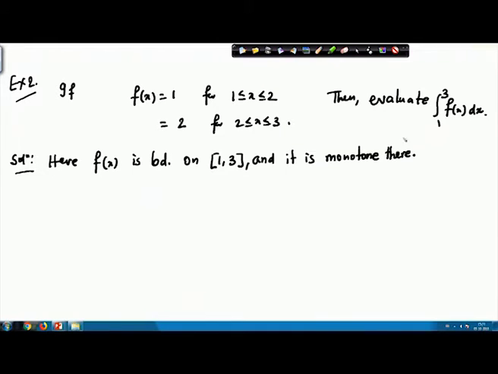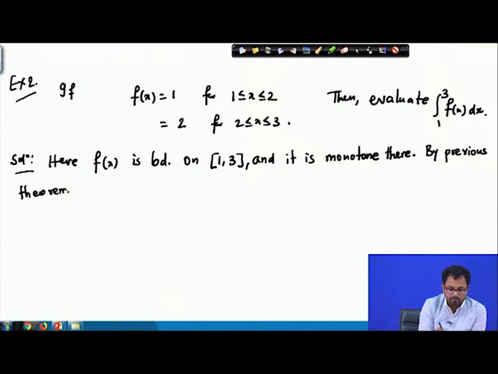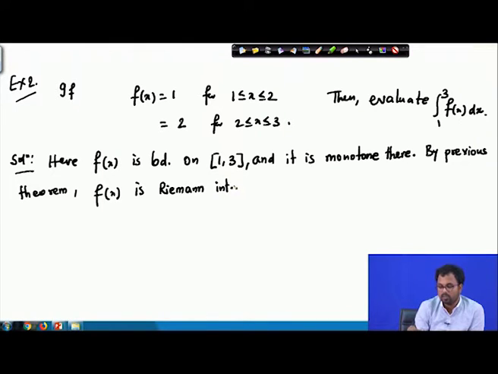the theorem or the properties which we studied earlier, that if a function is monotonic, then in that case it is Riemann integrable. So by previous theorem, I would expect you to write that theorem number here, f(x) is Riemann integrable on [1, 3].